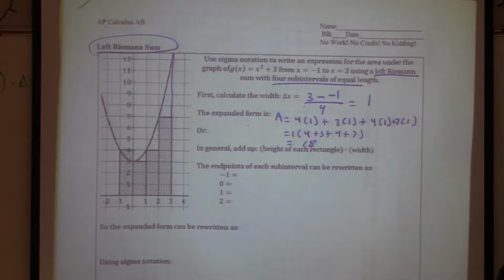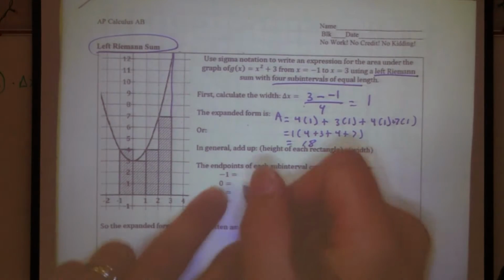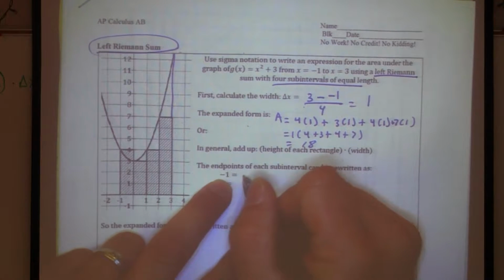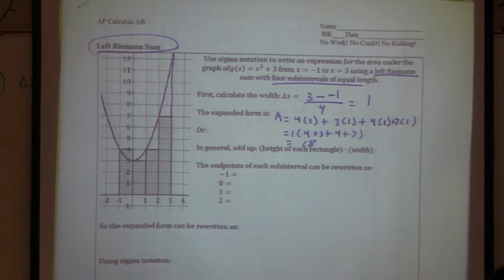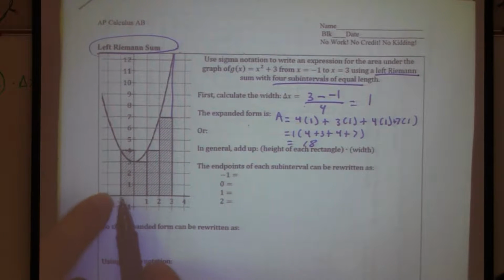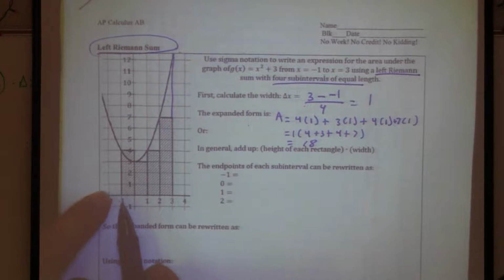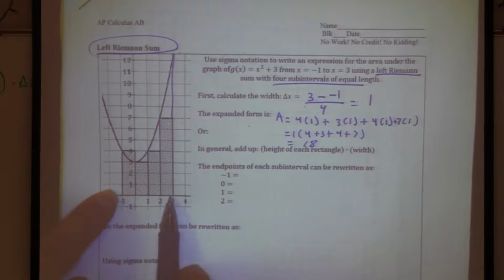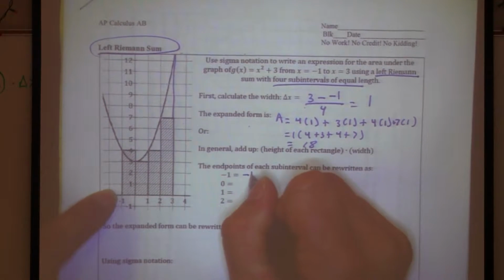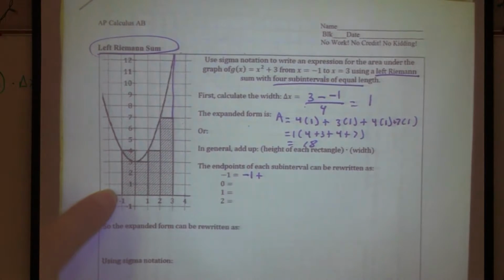So, let's see. How did they get -1? On yesterday's example with the right Riemann sums, all we needed to do was add delta x to the original value. Here, what do I need to add to -1 to get -1?